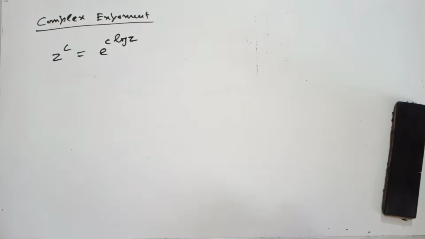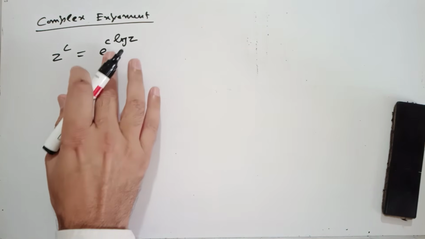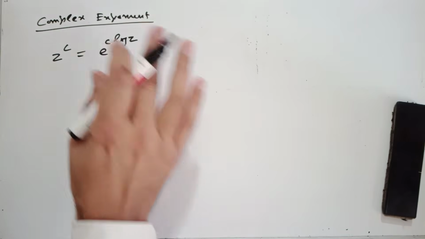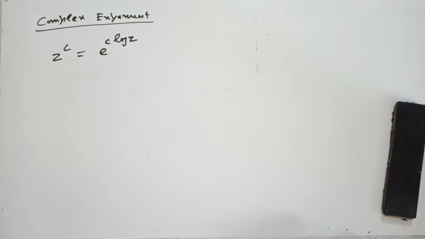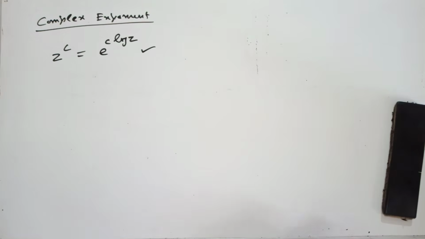This is the way to calculate z power c. You understand why it is so? You can write it as e power log z power c, that is z power c. So this definition is natural for z power c.